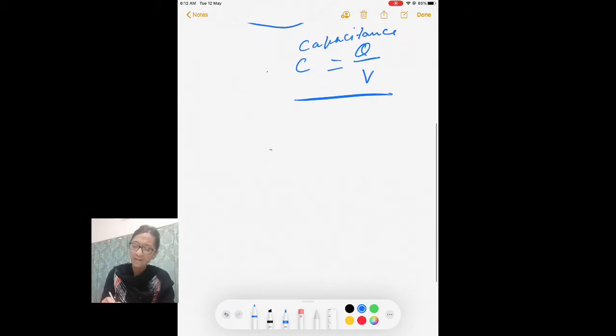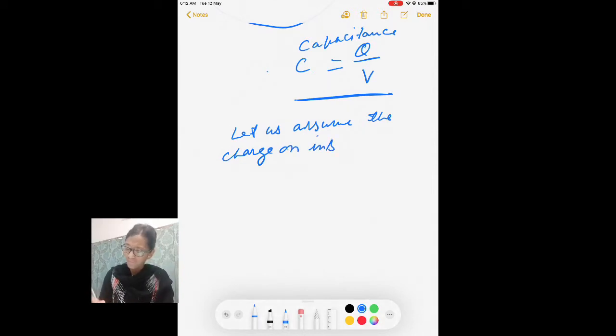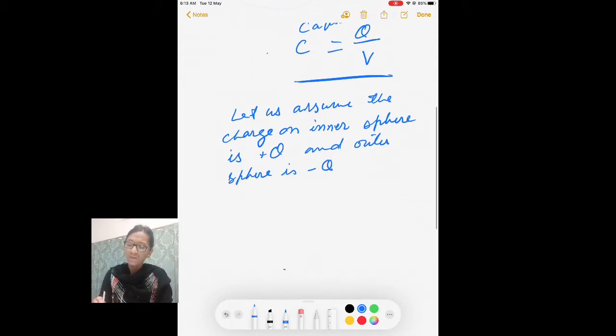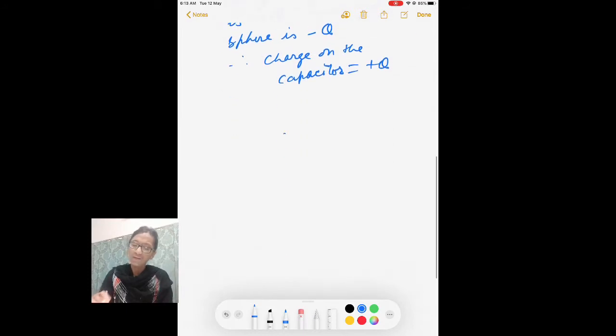So let us assume the charge on the inner sphere is plus Q, and the outer sphere is minus Q. Therefore, the charge on the capacitor is plus Q. So let me draw it again.